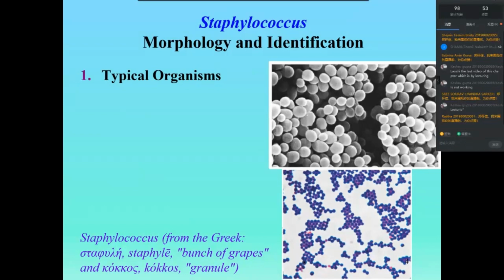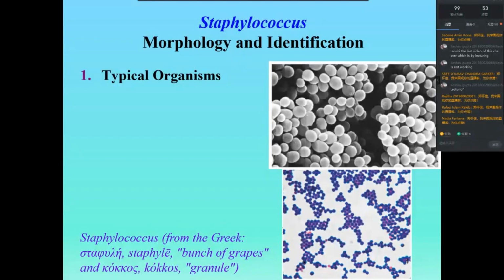For growth characteristics, Staphylococcus can produce catalase, the enzyme which splits hydrogen peroxide into water and oxygen. Hydrogen peroxide is toxic to bacteria, and the bacteria are armed with catalase, which can degrade this toxic molecule.